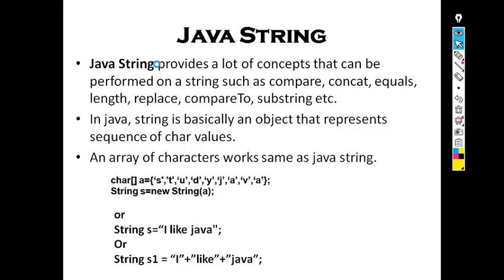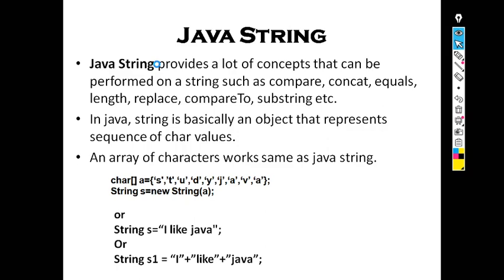Now we'll see how we can create a String. Many ways are there by which you can create a String. By a character array you can create a String. I have written one character array here, you can see in the string, "study Java", each and every letter is separated, and then we have converted it to a String.